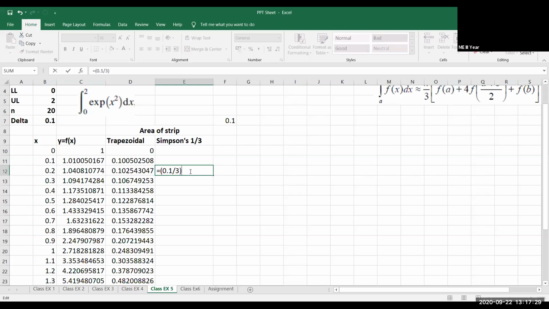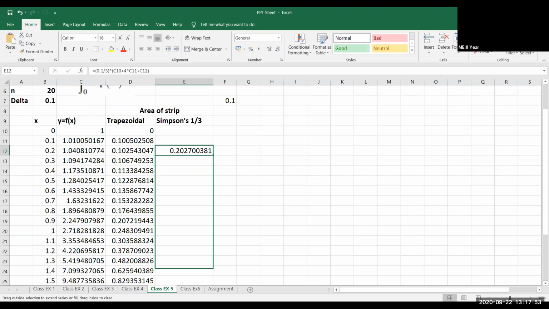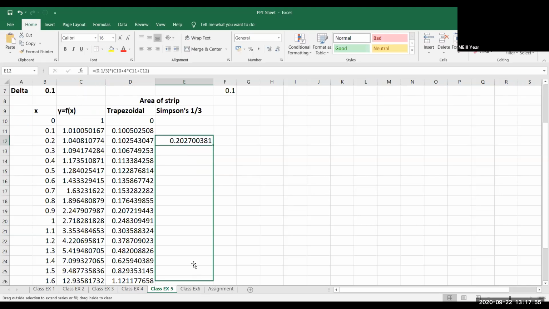After that multiplication, then start with the bracket, fa. The fa value is nothing but this value, plus 4 times f of (a plus b) by 2, which is the middle term, and the last term is fb. So the last term. Yes. Hit enter.